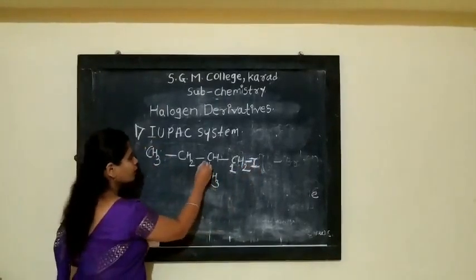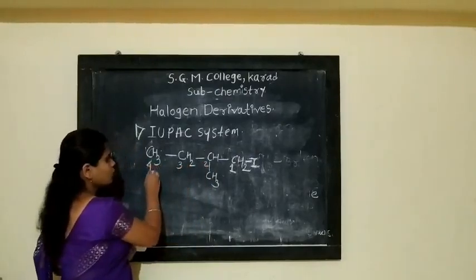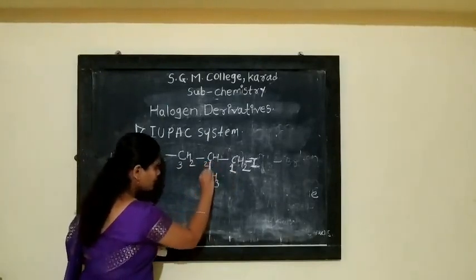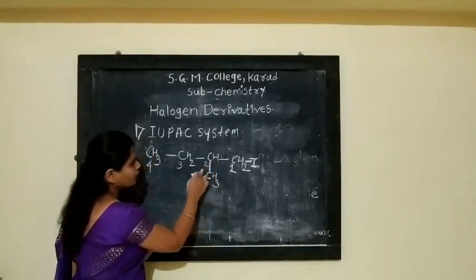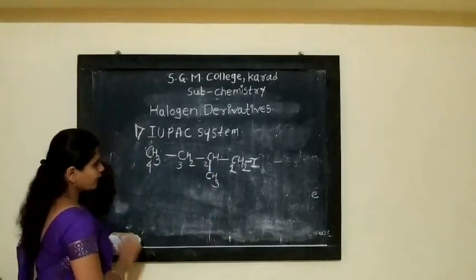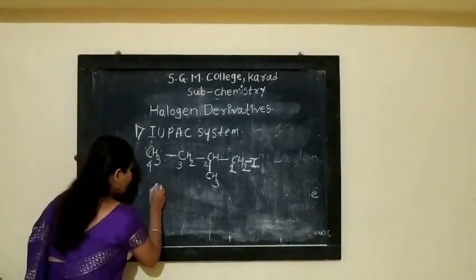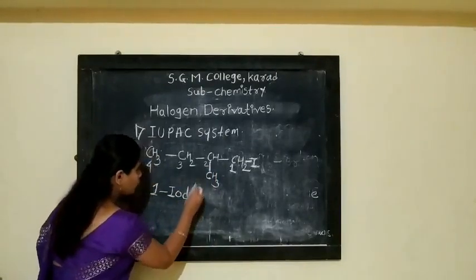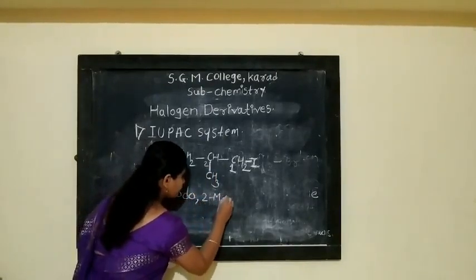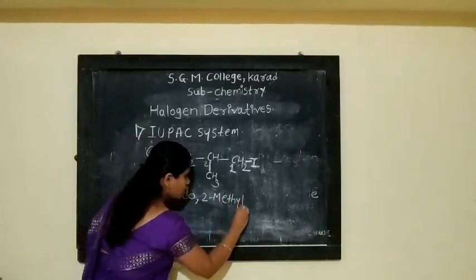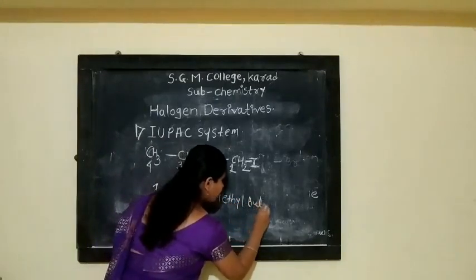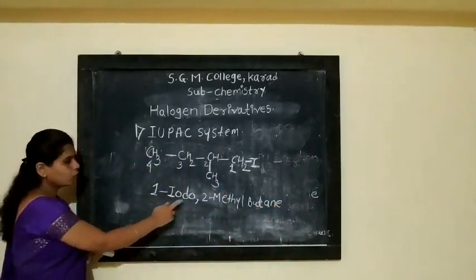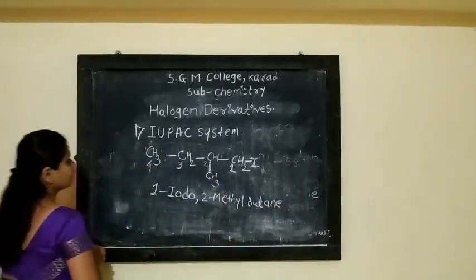So 1, 2, 3, 4. So this is a continuous carbon chain of butane, and a methyl group is attached to the second carbon of that chain. So the name of this compound is 1-iodo, 2-methyl butane.